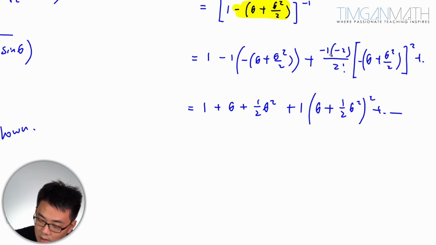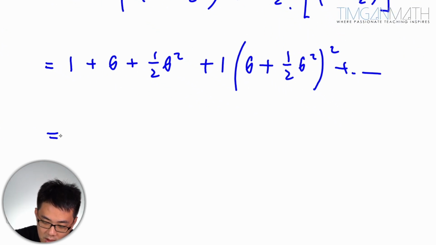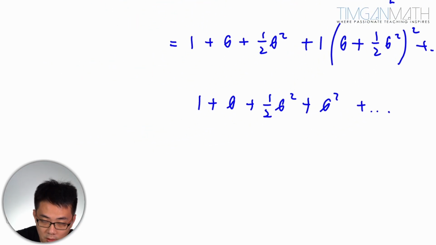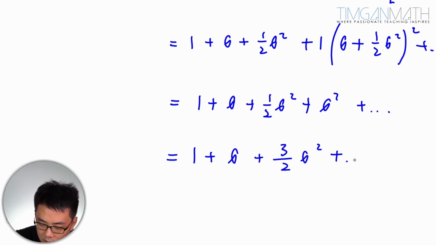This is positive. -2 times 1, this is positive. We only need the lowest power. You don't need to expand everything. The middle term is theta square, theta cube, and theta power 4, but we only need theta square, so we can just ignore the rest. So this is theta plus half theta square plus theta square. That's how we do this part. This is 1 plus theta plus 3 over 2 theta square plus dot dot dot.